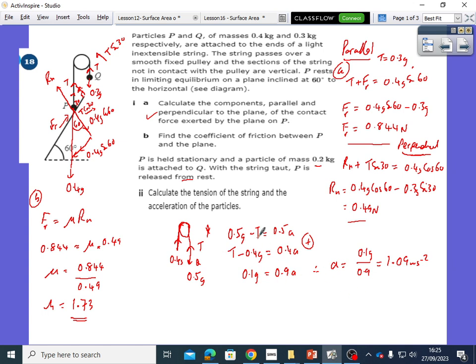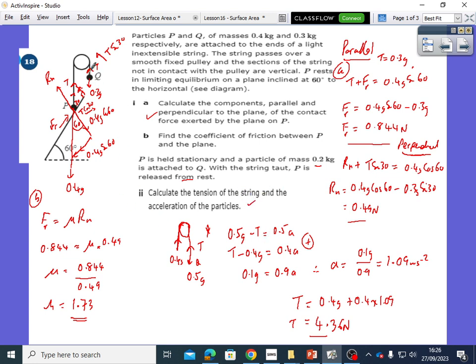And if I now sub that back in to get the tension, my tension will equal 0.4 g plus 0.4 a, and a is 1.09. So times that by 0.4, add 0.4 times 9.8, and that will give me a tension of 4.36 newtons. Okay, so we've done that bit.